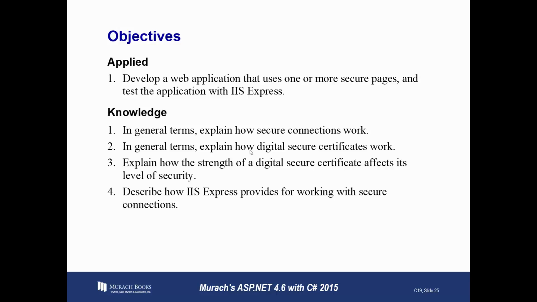I showed you the difference between TLS and SSL. We talked about what TLS and SSL do. We talked about how digital certificates work, how their strength affects their level of security, how ideally you'll have 256-bit encryption, and a little bit about how IIS provides for working with secure connections.